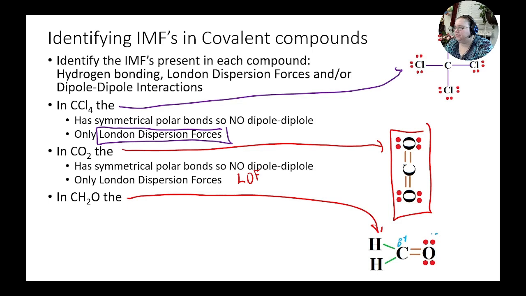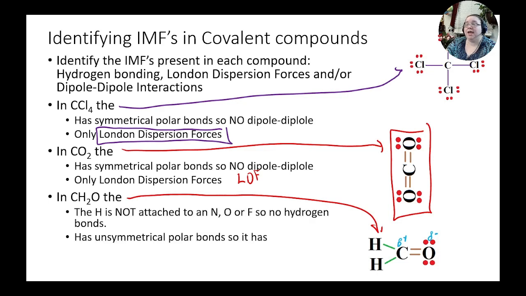I can't do the funky little S for the partial thing. So that means we've got dipole-dipole. We got London dispersion because everything has London dispersion. But my H is not attached to an N, an O, or an F. So we do not have hydrogen bonding. So dipole-dipole and LDF, that's all we have.